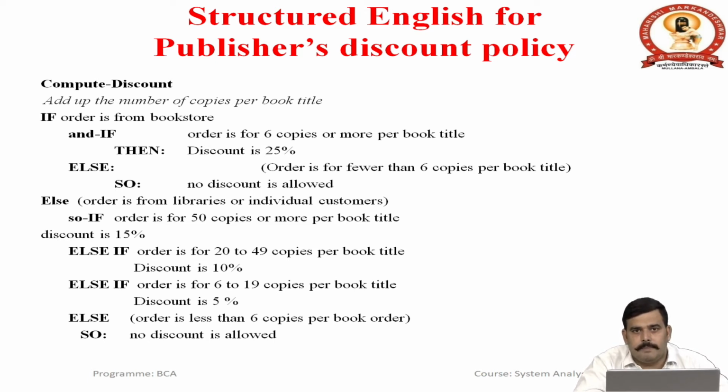We have statements of what the actions will be on the basis of the conditions being fulfilled, similar to structured programming. That is very easily understandable, showing how things are going on.